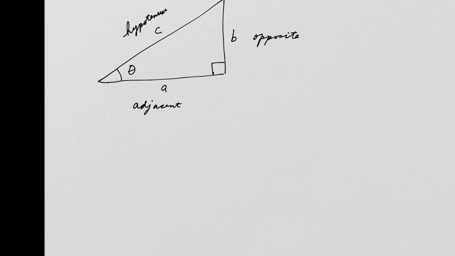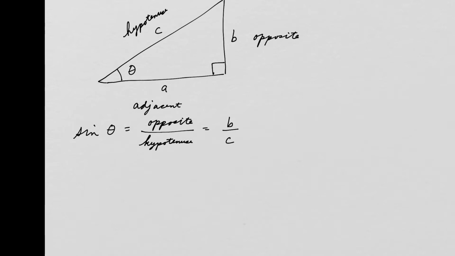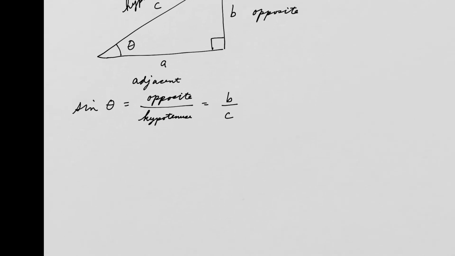Okay, so the sine of theta is defined to be the length of the opposite side over the hypotenuse. So in this case, right, the side opposite is B, hypotenuse is C. So it's B over C, that ratio. The cosine of theta is defined to be the length of the adjacent side over the hypotenuse.